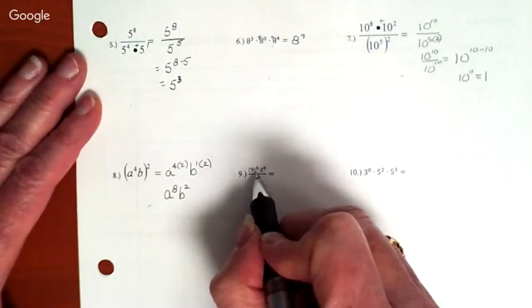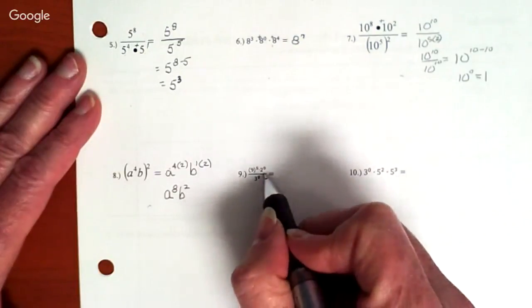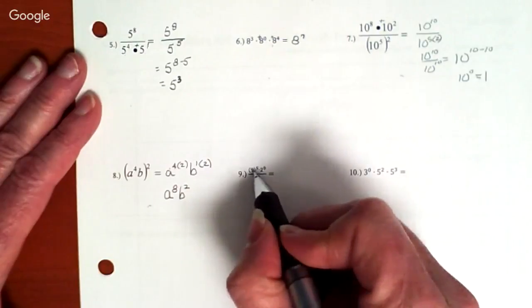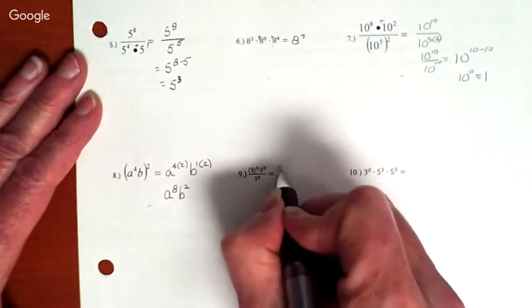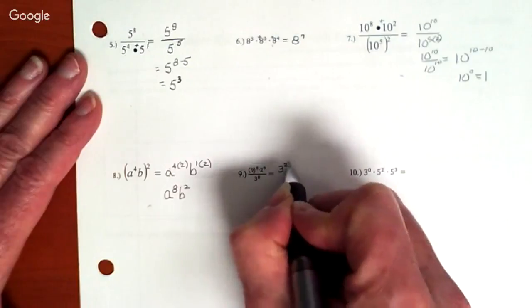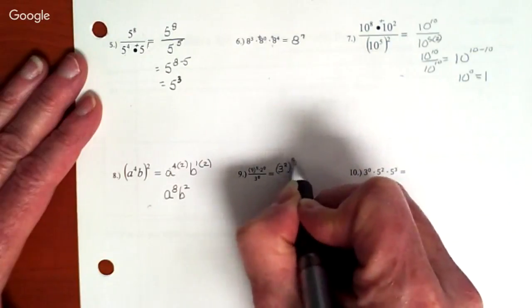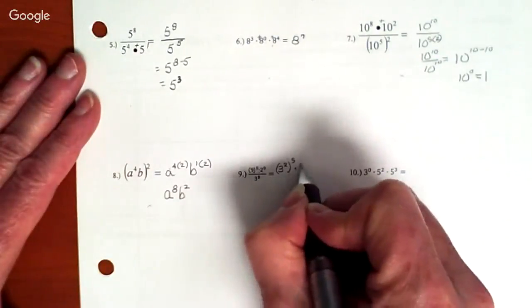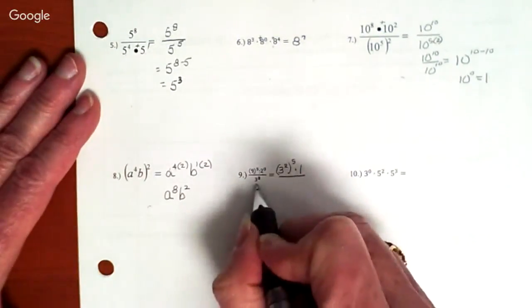Here we have 9 to the 5th, 2 to the 0 power. So here I am going to change this to 3 squared to the 5th times 1, or 3 squared to the 5th. I'm going to go times 1 over 3 to the 8th.